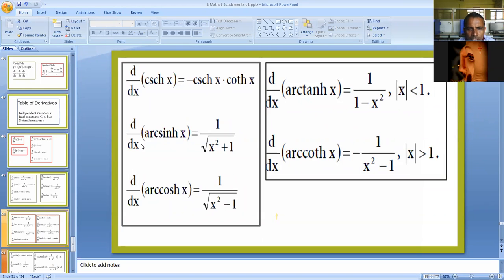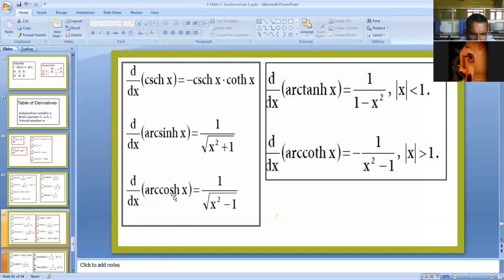So that their differential will be very easy. If you know their formula for hyperbolic inverse, definitely we can find the differential in simple manner. That is 1 upon root of x square plus 1.